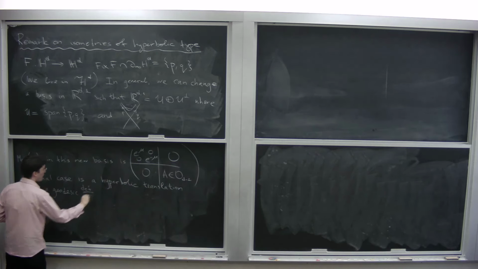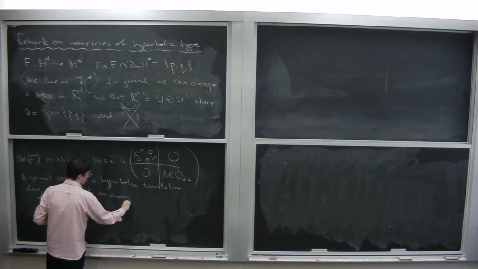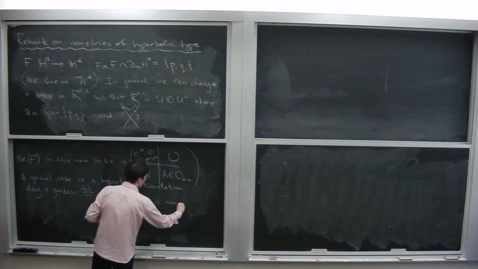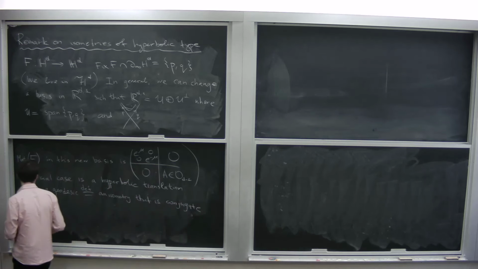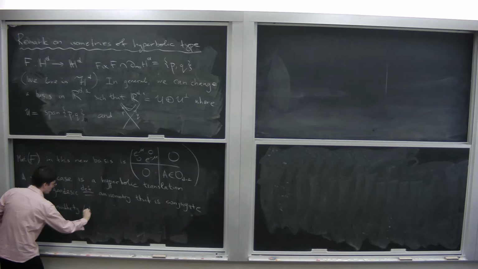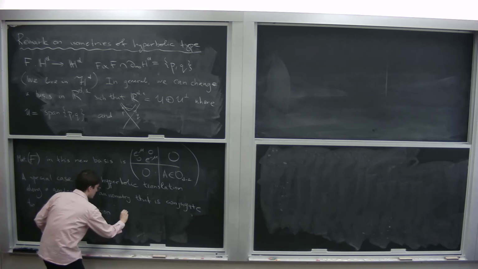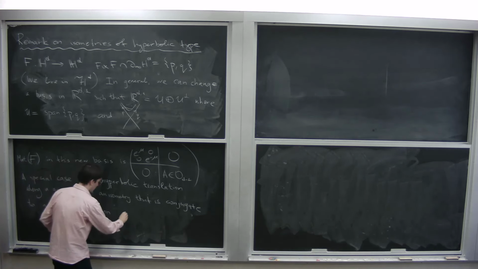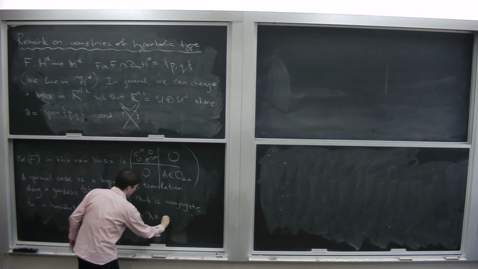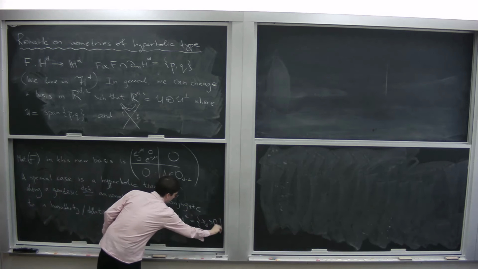By definition, this is an isometry that is conjugate to a homothety, also sometimes called a dilation, in the upper half space model: x goes to lambda x in the upper half space model UD, where the coordinate xd is positive.